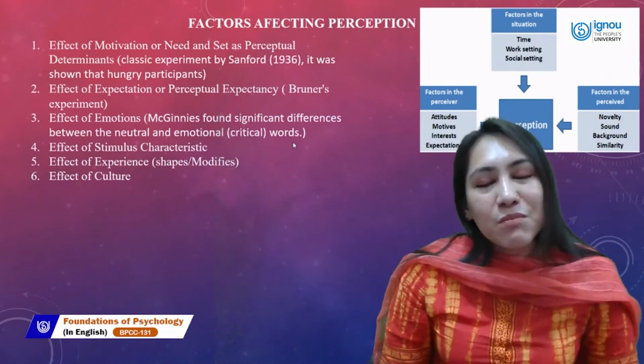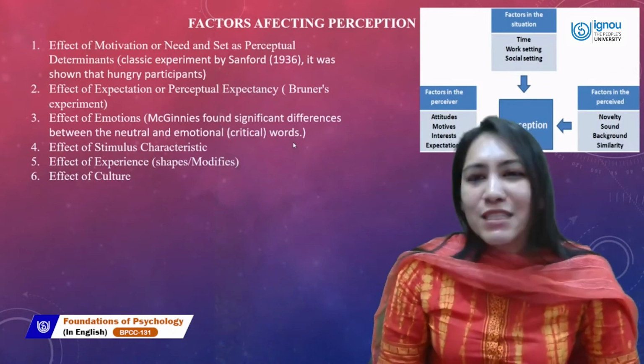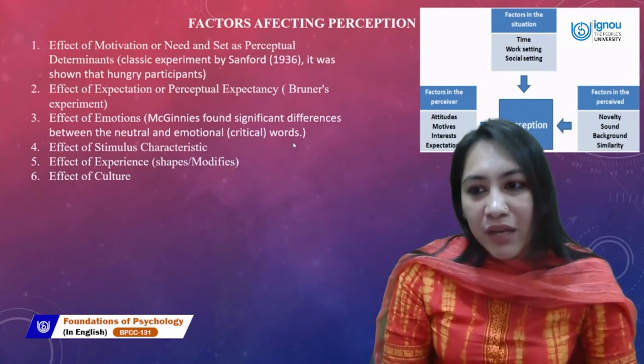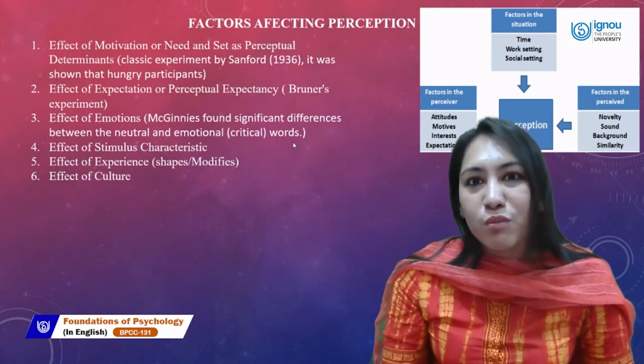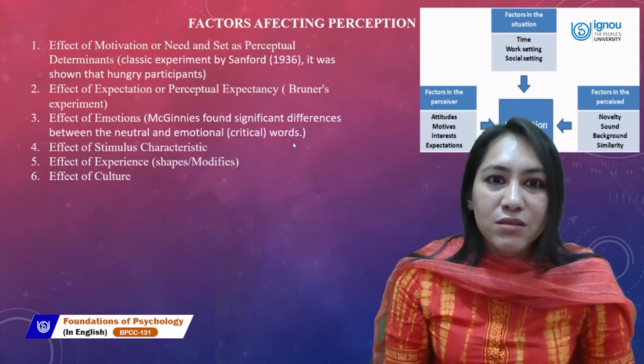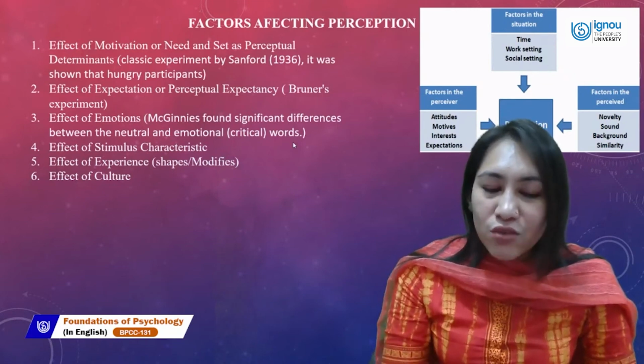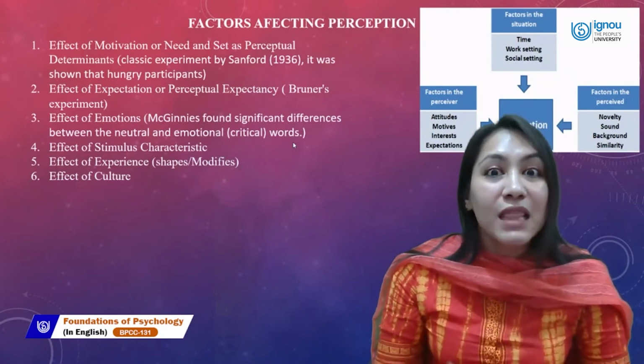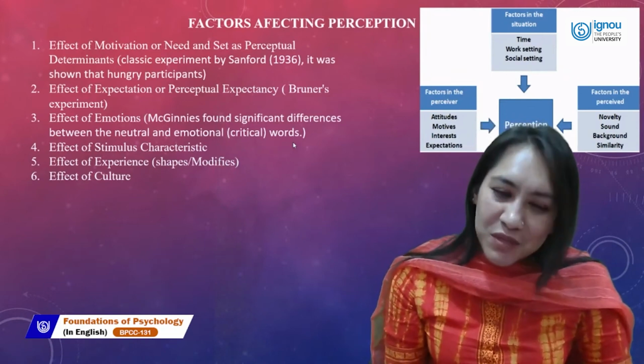Then we have the impact of stimulus characteristics. Stimulus characteristics are about the object that you are perceiving. It could be bigger, novel, a sound, similar, or moving. So anything which is novel, anything with a big shape or size, or loud, can obviously change your perception.